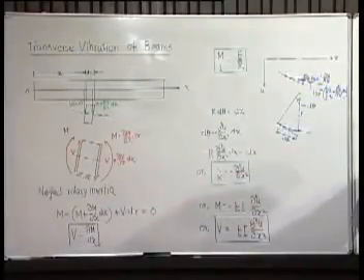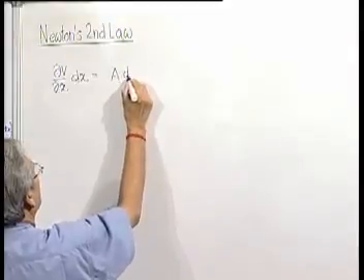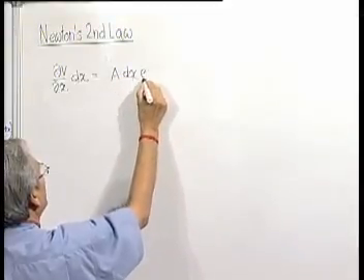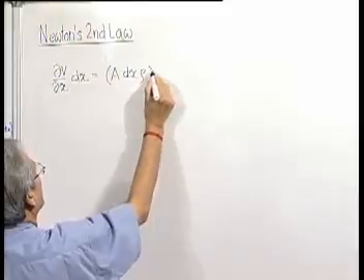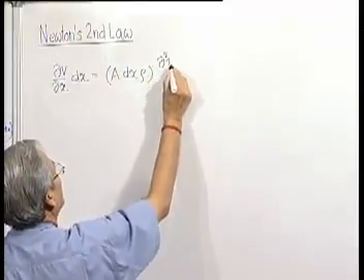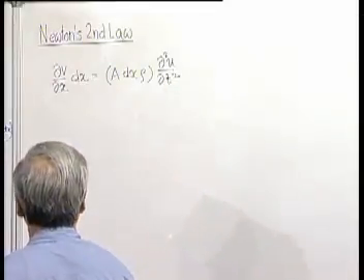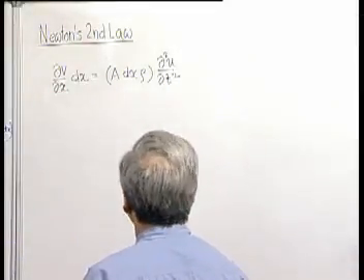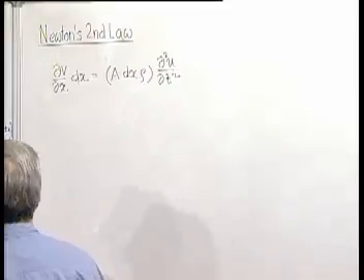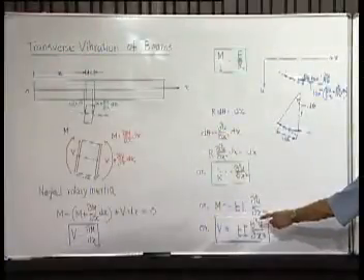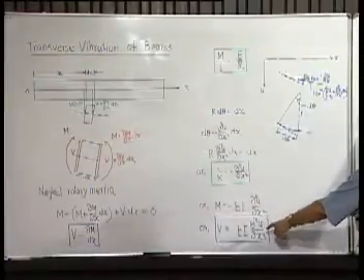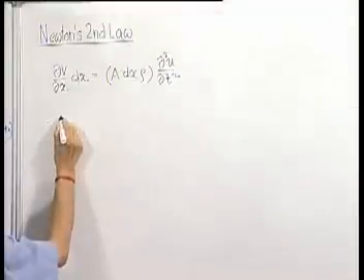The mass will be A into dx, the volume, into rho, and del 2u del t square is the acceleration. So, using this, del v del x into dx, we get minus EI.